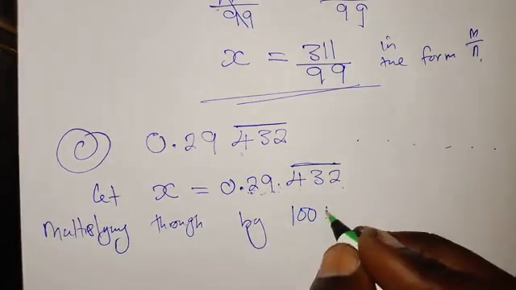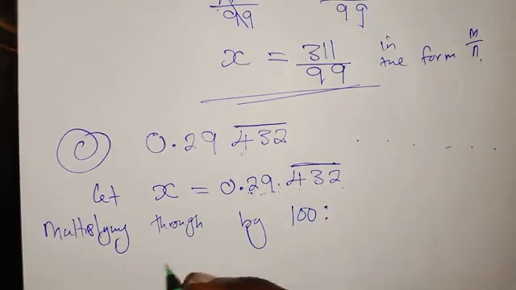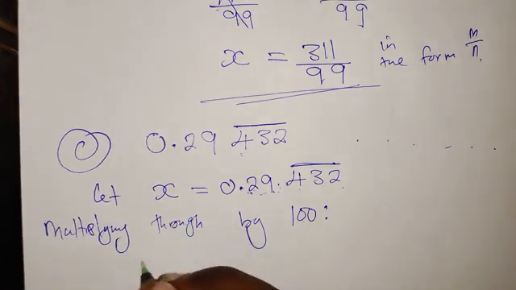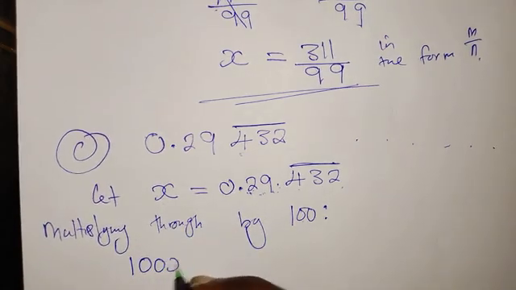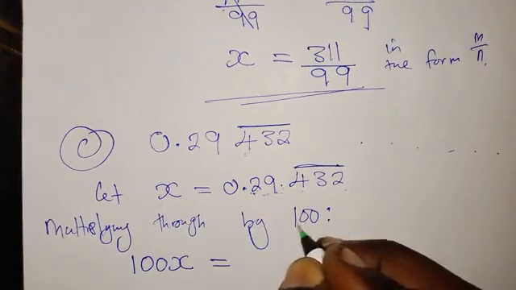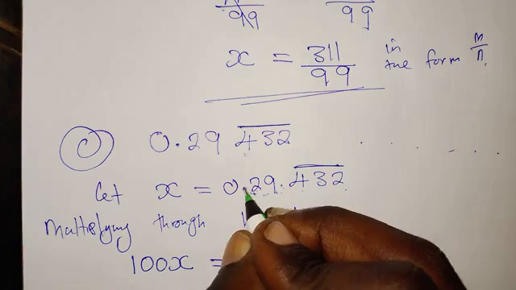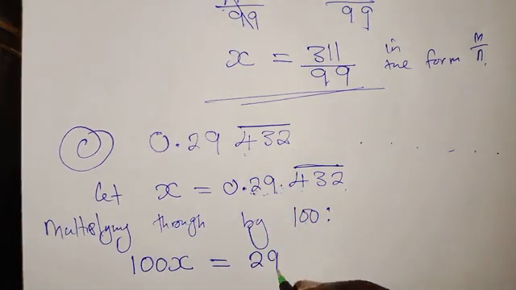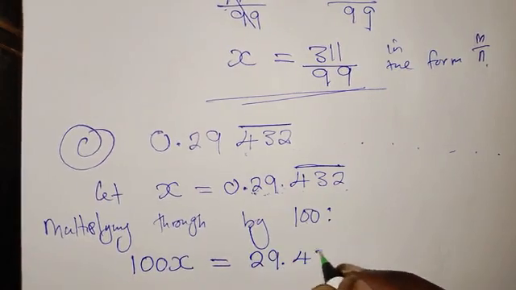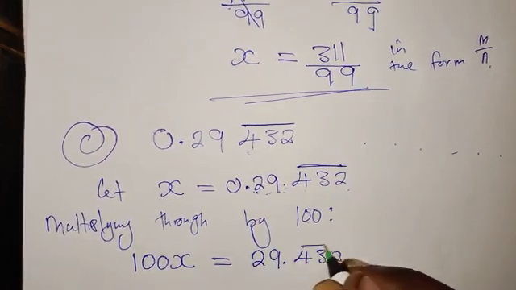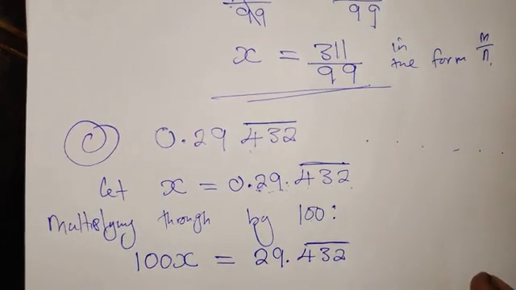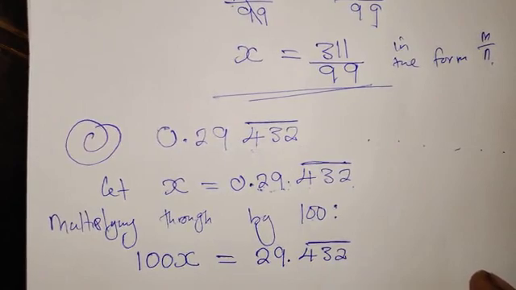So I'm going to have 100x, which will be equal to 100 times this number, with the point moving twice, 1, 2, meaning that I'm going to have 29.432. Done.